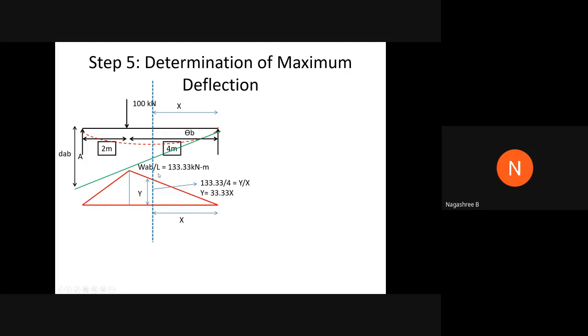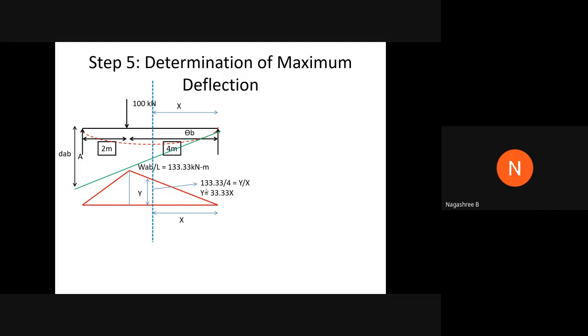I have 133.33 as the height of the bigger triangle, divided by the span of the bigger triangle, 4 meters, equal to y, the vertical distance of the sectioned triangle, divided by x, the horizontal distance of the sectioned triangle. Using the similar triangle method, I get the value of y in terms of x as 33.33x.